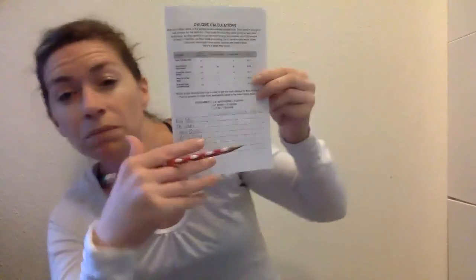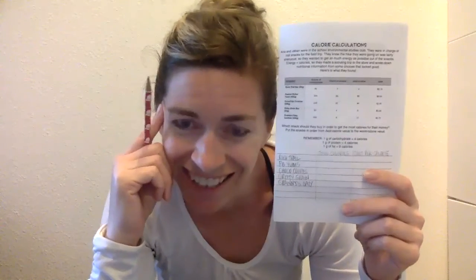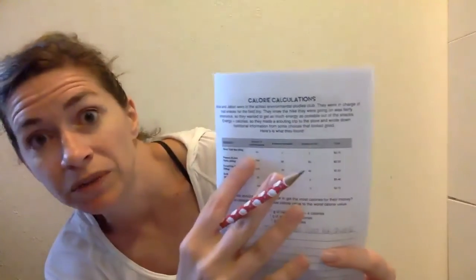Okay, so here's what we're going to do. Some of you might already have an idea that this is going to be a combination of multiplication and addition, and then some division. So if every gram of carbohydrate is 4 calories, we need to figure out how many calories we are getting in the Rock Trail Bar from the 44 grams of carbohydrate.